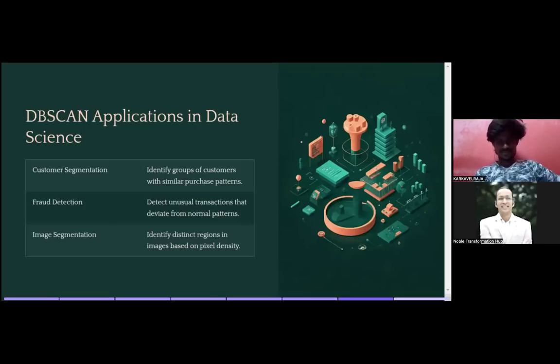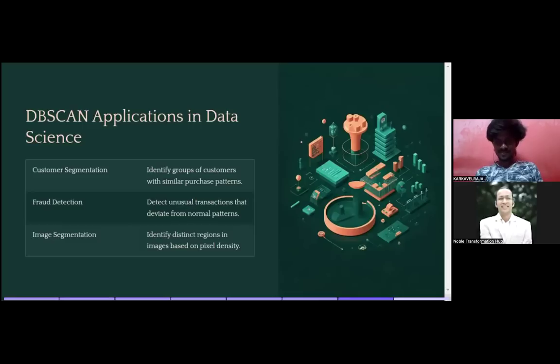Fraud detection: wherever you want to do fraud detection in a financial system or anywhere, detecting unusual transactions that deviate from the normal patterns. It can be in any industry where financial transactions are part of the operation.